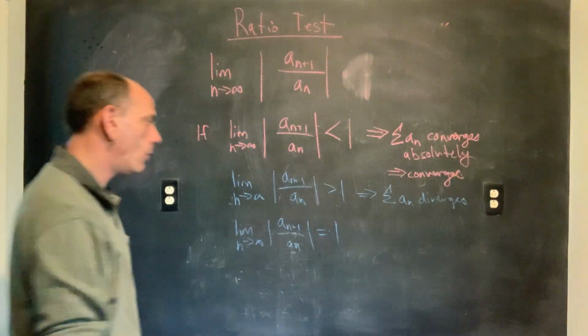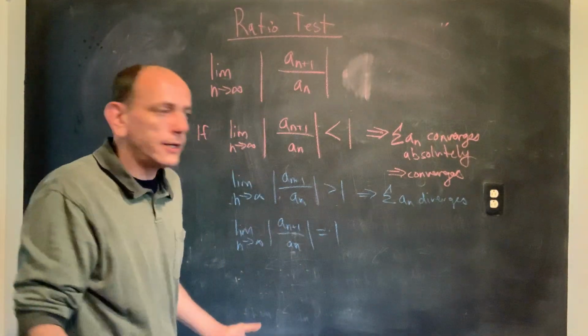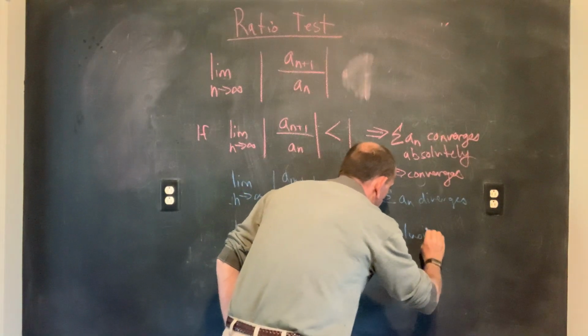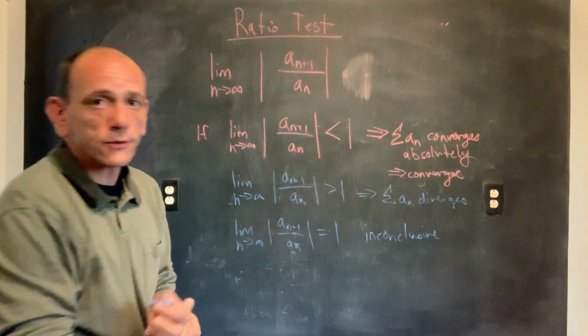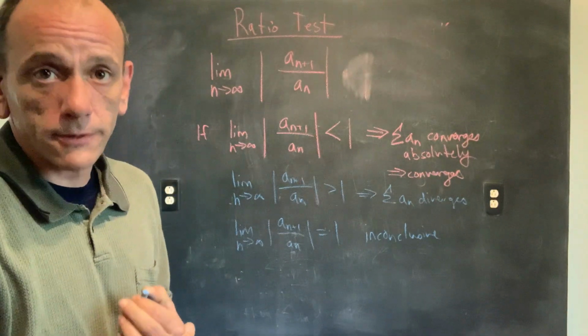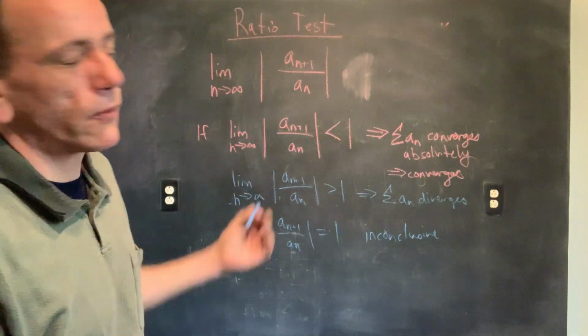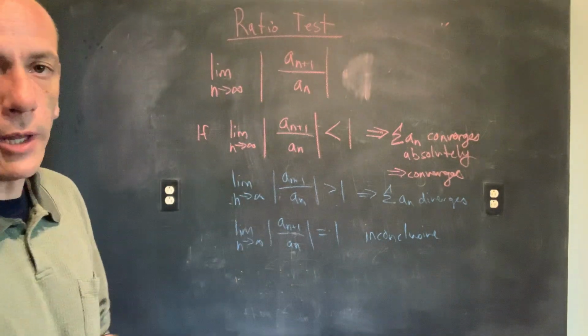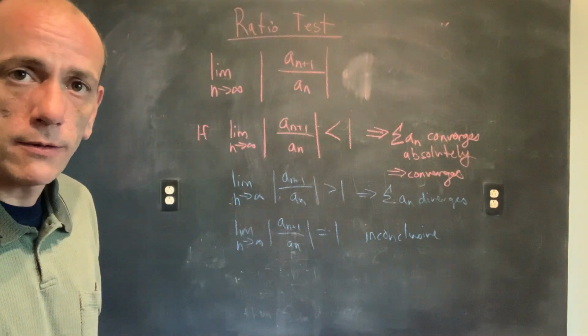If it's equal to 1, I don't know. It's inconclusive. I'm going to have to do something else. Try some other test, maybe the integral test or something else. But it's rare. It happens, but it's rare that that limit actually ends up being equal to 1.